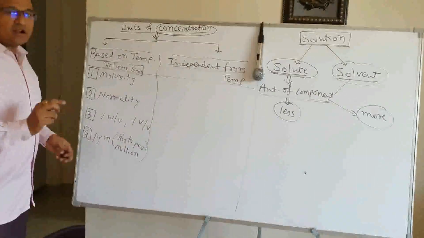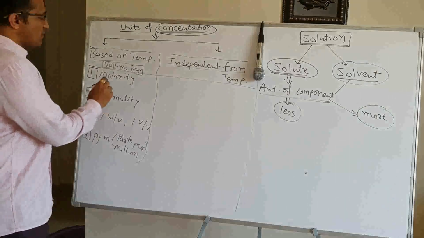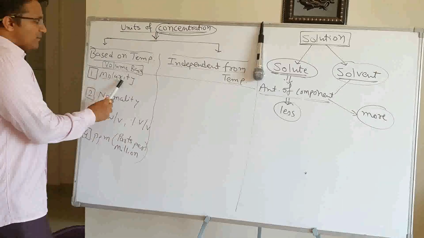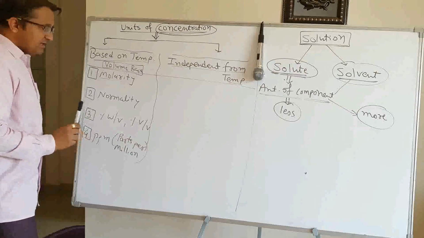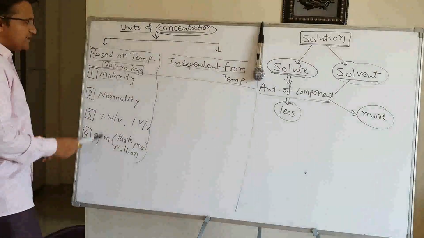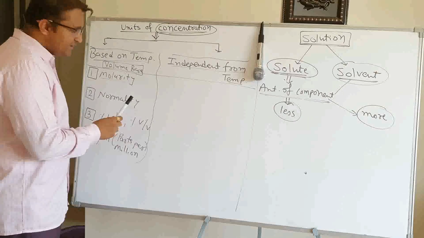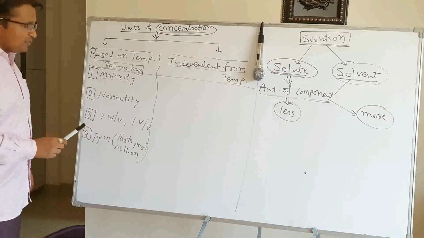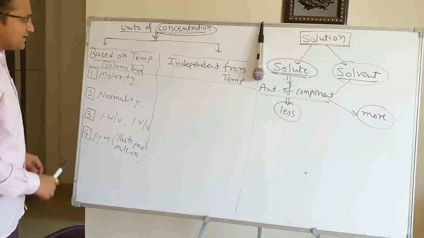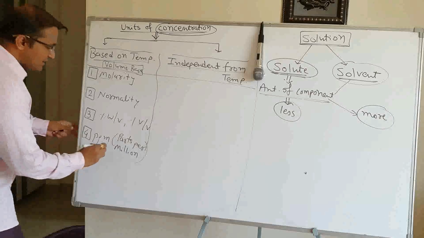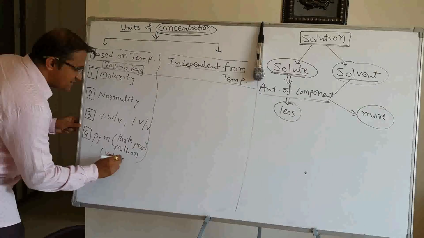Means in a particular amount of liquid, number of moles or mass is dissolved, then these units are formed. First is the molarity, second is the normality, third is percentage W by V, fourth is percentage V by V, and next is ppm, parts per million, and this is volume based.